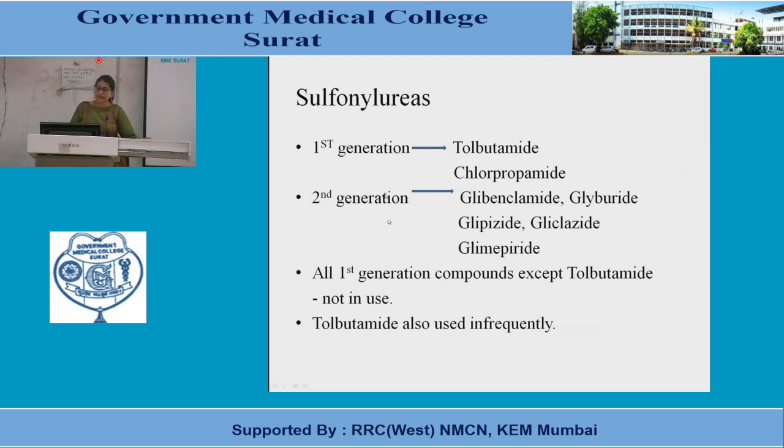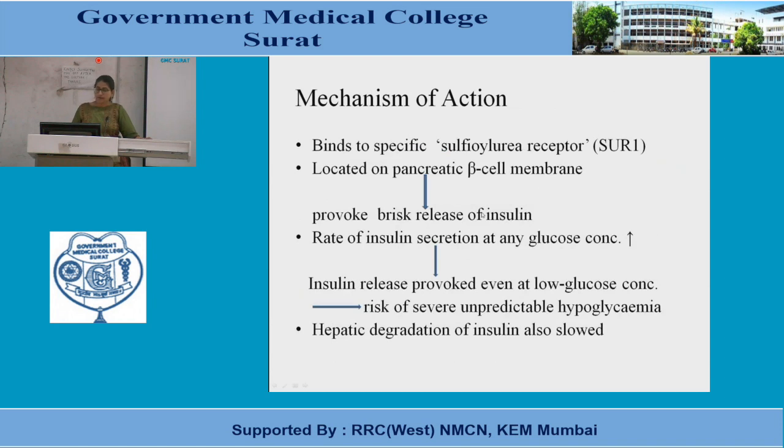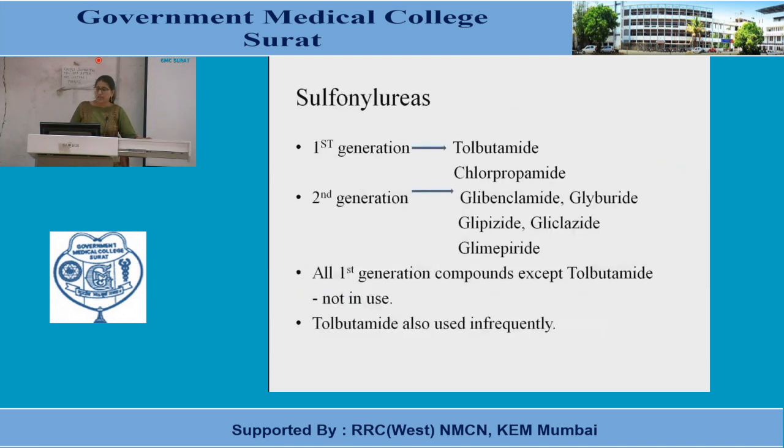In the second generation, we have glibenclamide, glyburide, glipizide, gliclazide and glimepiride. All the first generation compounds except tolbutamide are not in use nowadays, and tolbutamide is also used infrequently.